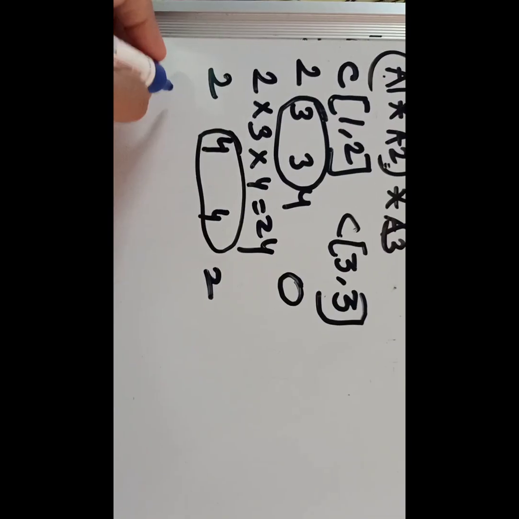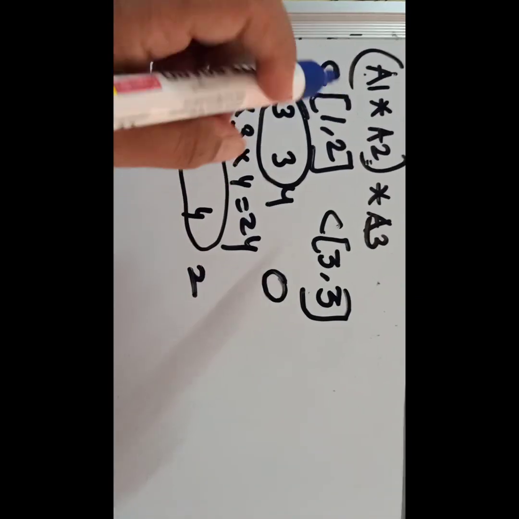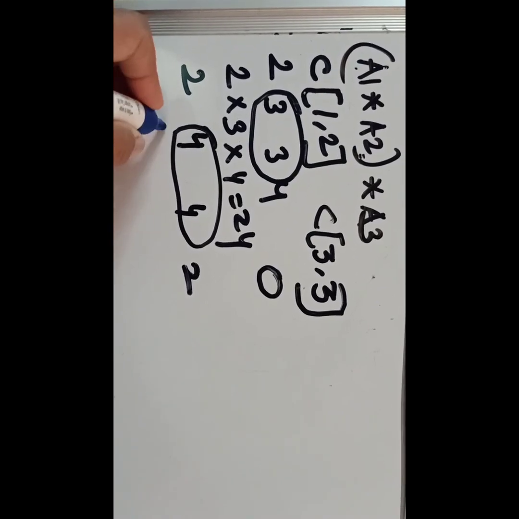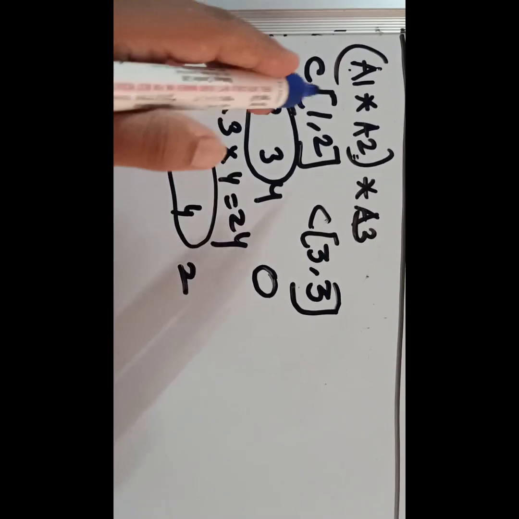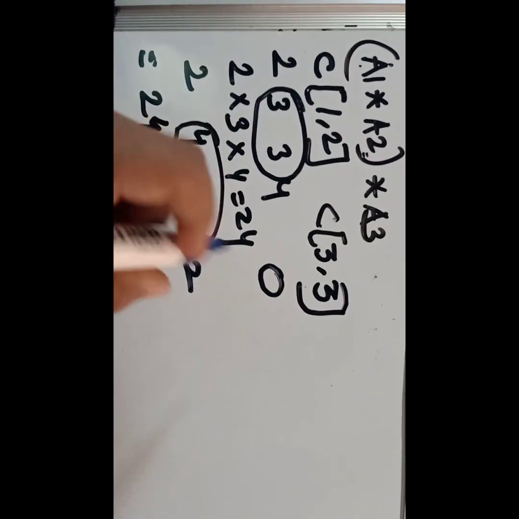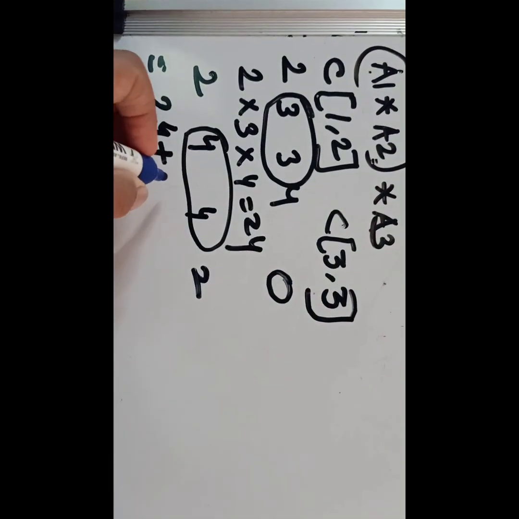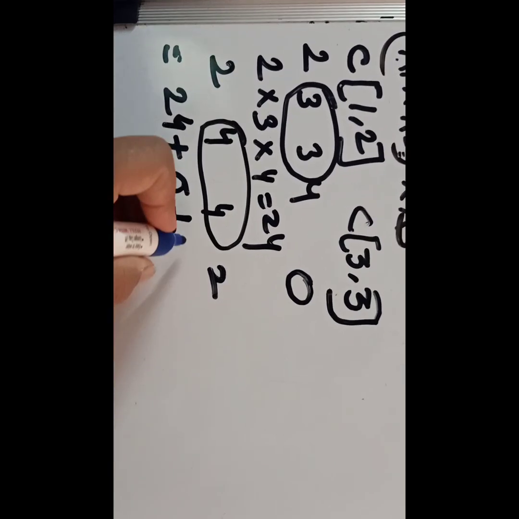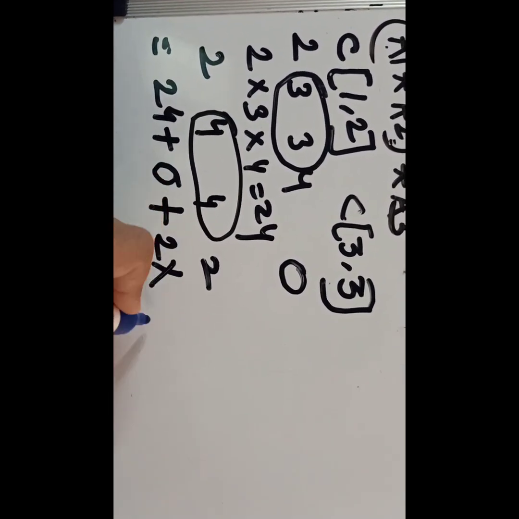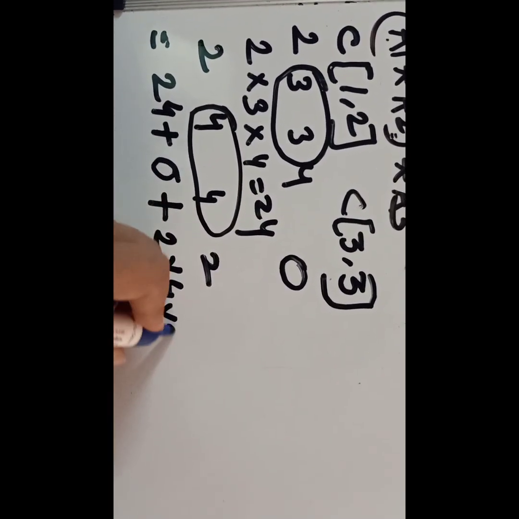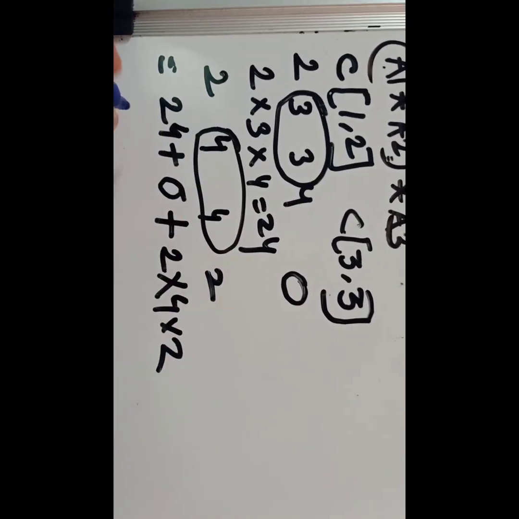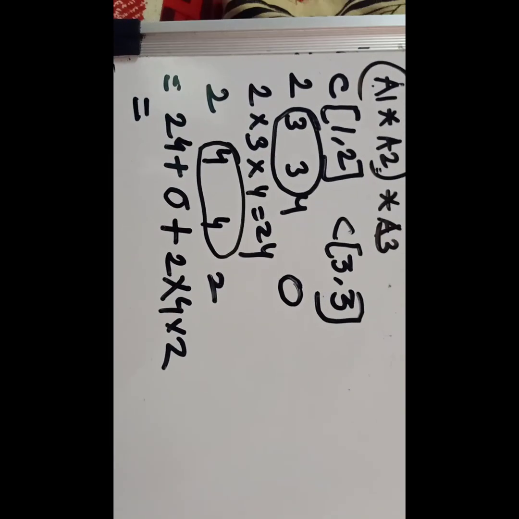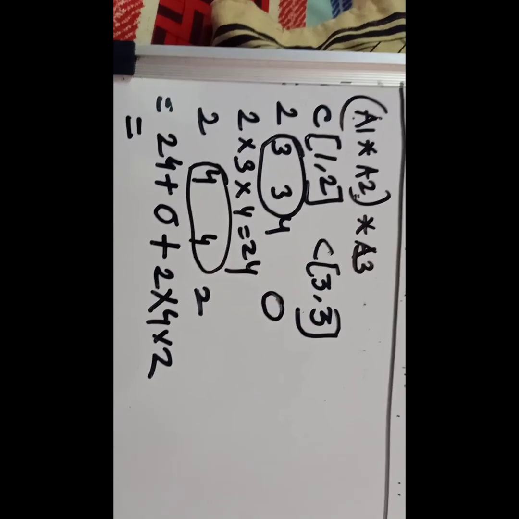So first we have calculated the value 24, which is a product of A1 and A2, plus A3 cost multiplication. It will be 0 plus 2 into 4 into 2. You can see this 4 is common here. So ultimately we are getting 40 here, right? So we have seen how 40 is obtained.